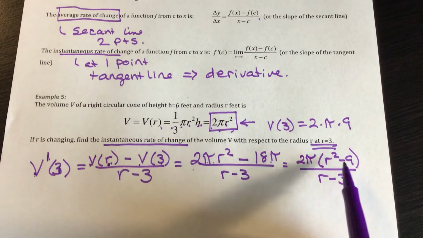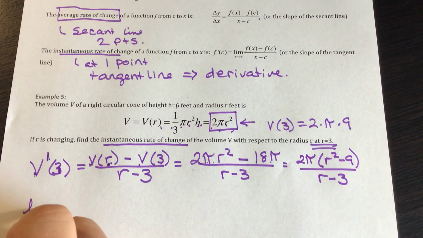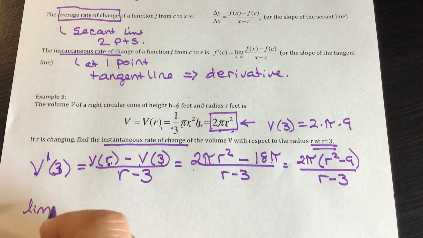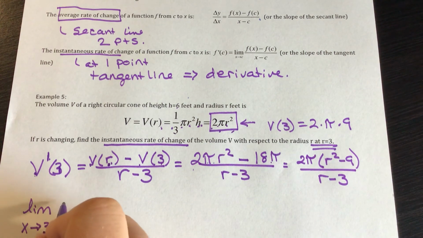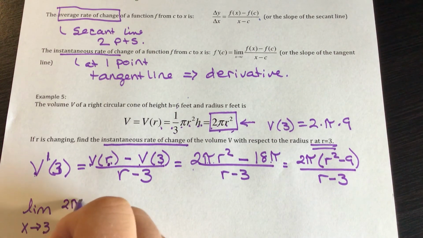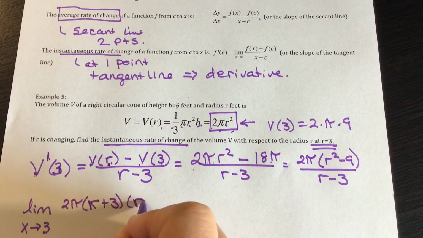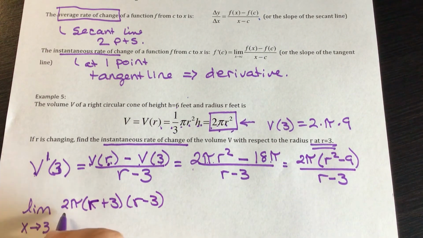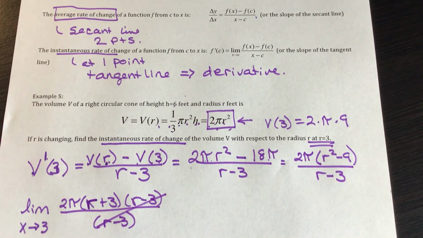This is looking pretty good because now I can factor my r squared minus 9. So I have the limit as r approaches 3 of 2 pi times r plus 3 and r minus 3. I almost wrote an x here. R minus 3, I can cancel.